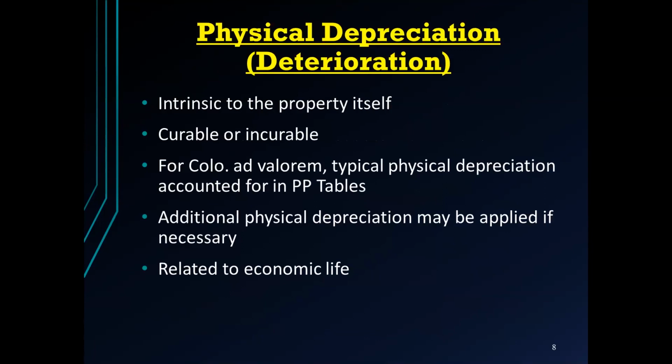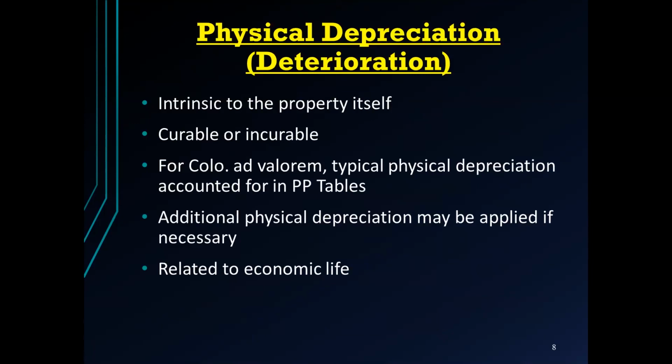Some of the things to remember about physical depreciation is that it's intrinsic to the property itself. So it's some sort of depreciation or deterioration that is to that specific piece of property. Physical depreciation can be curable or incurable. I mentioned this a second ago. So for Colorado ad valorem purposes, typical physical depreciation is already accounted for in the personal property tables.